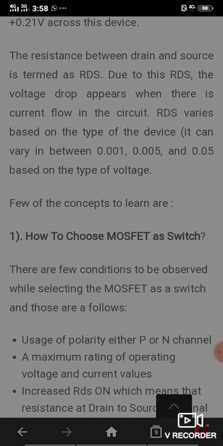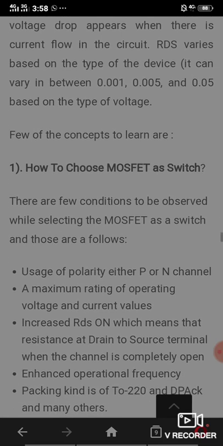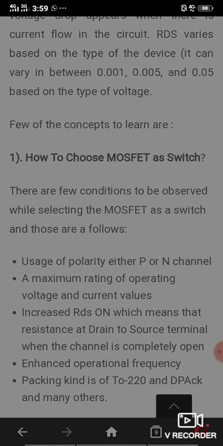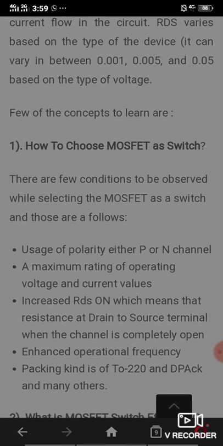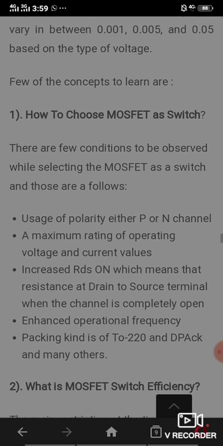A few concepts to learn: how to choose a MOSFET as a switch. There are a few conditions to be observed while selecting a MOSFET as a switch, and those are as follows. The polarity to use, either P or N channel.